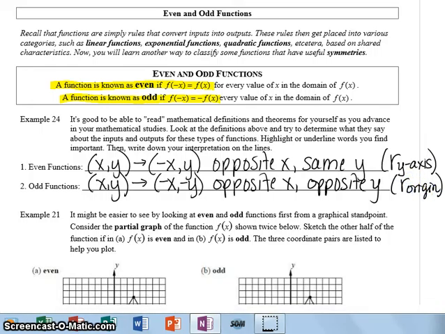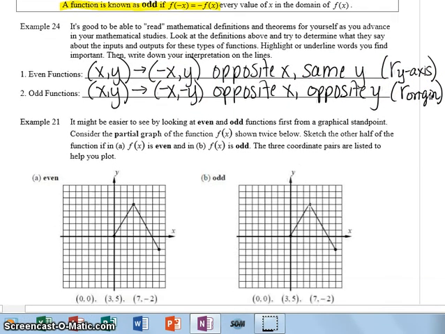Okay, so memorize this. Even functions are if you have a change in the x, but your y stays the same. So it's like a reflection over the y-axis. Odd functions are if both your x and your y change signs, which is like a reflection through the origin.